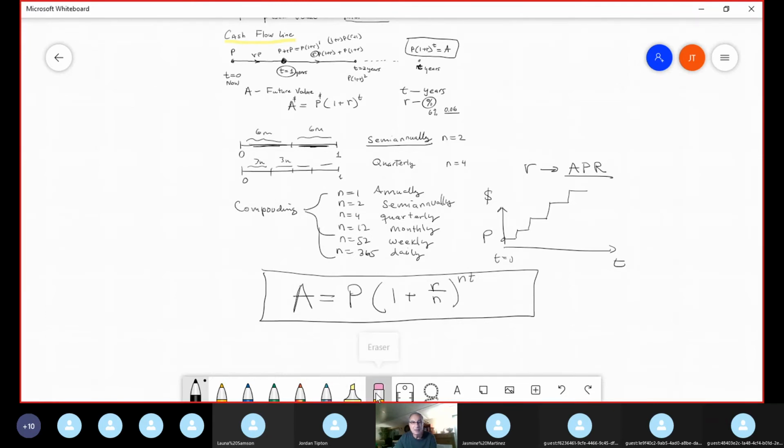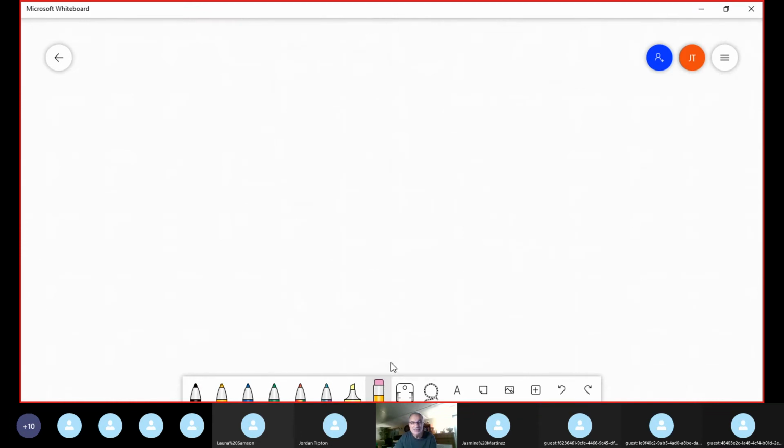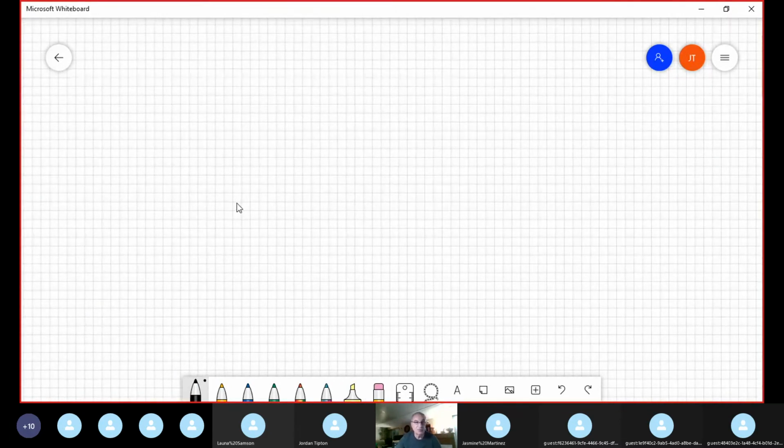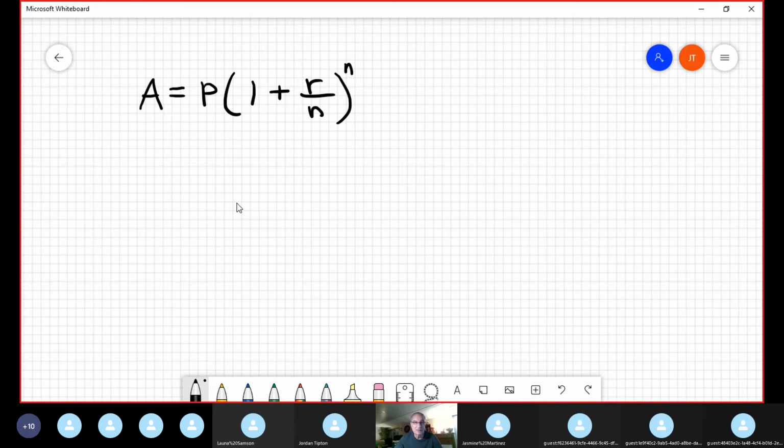Okay, look. One way to express the compound interest formula: future value equals present value times (1 plus R over N) to the NT.